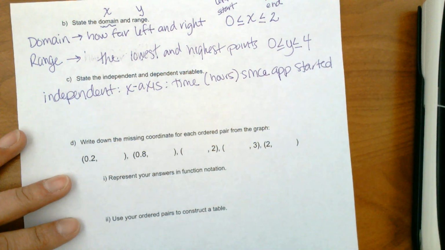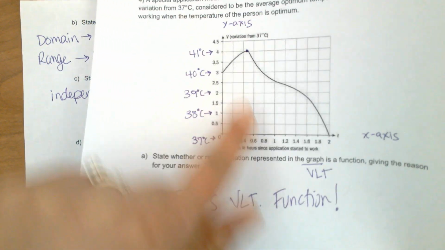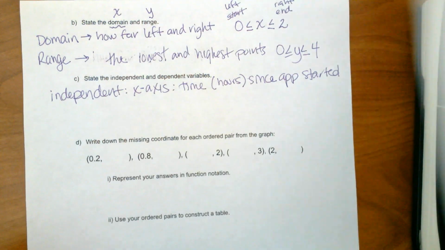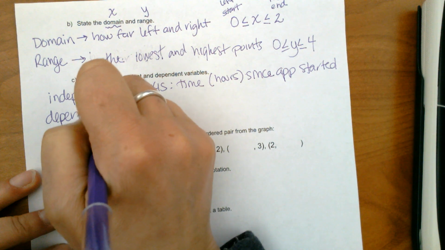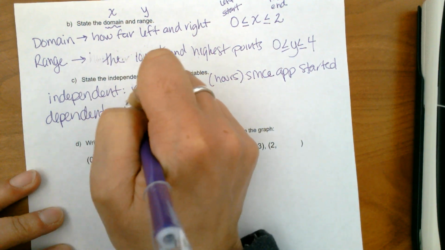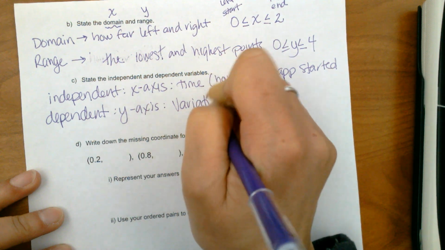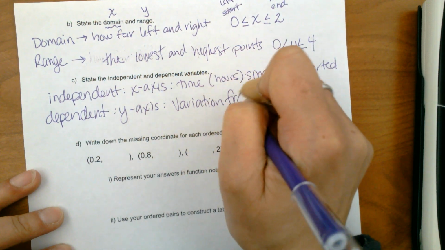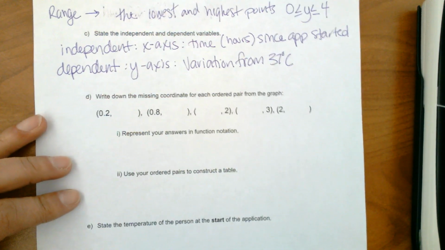You could just read that x-axis right here and it will tell you. The y-axis is going to be your dependent variable, that's your output. So you look on your y-axis and that's your variation from 37 degrees Celsius.